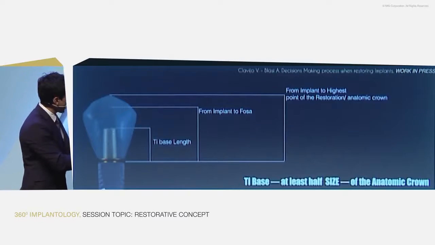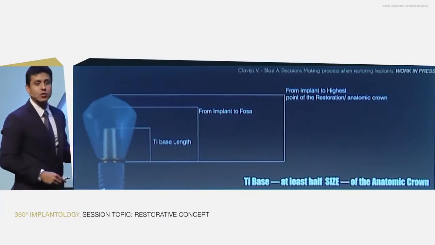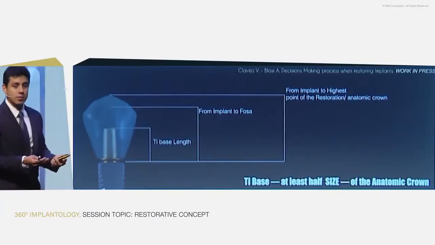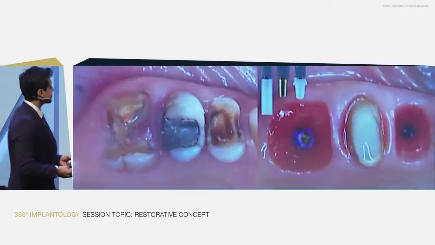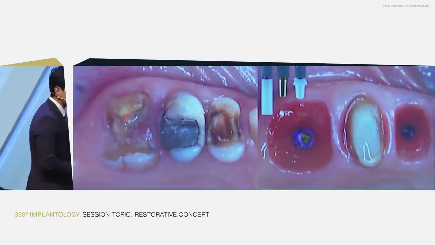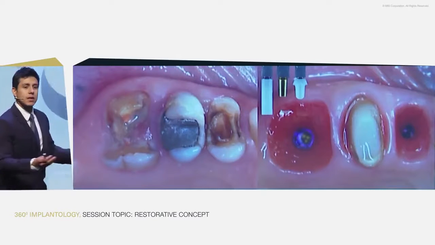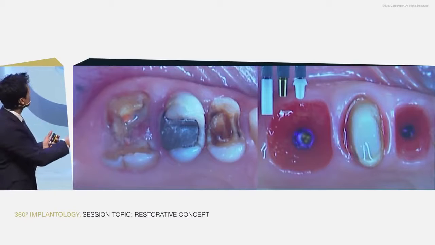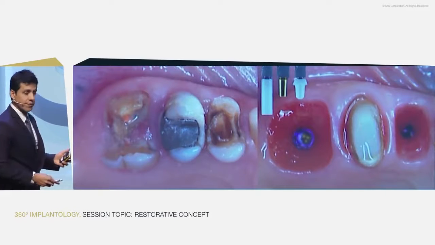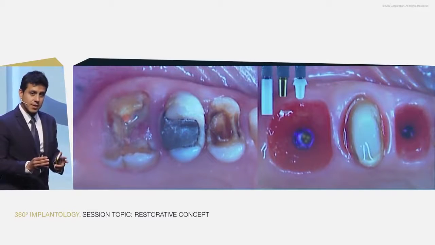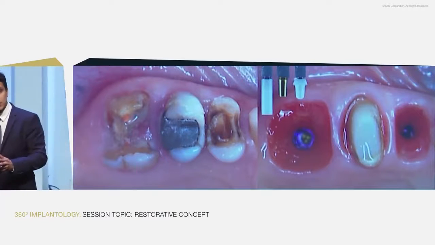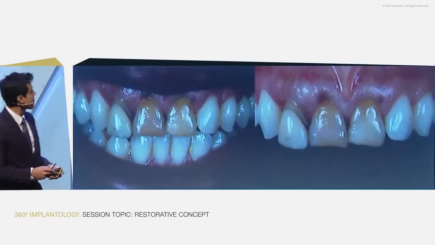Tie base, at least half the size of your anatomic crown to improve your mechanical and micro retentions. So in a situation like that, with the material I have to choose, our group prefers to use tie base with lithium disilicate or zirconia in the monolithic way, just layer, okay?